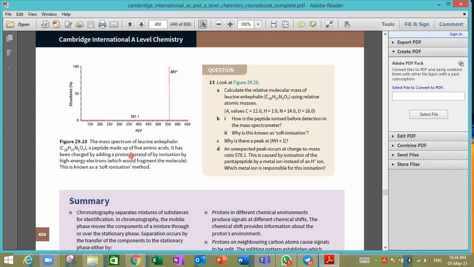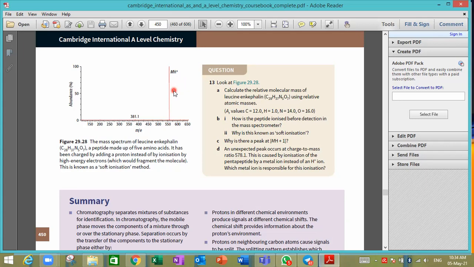We don't study it. He said that the mass spectrum of leucine, a peptide made up of 5 amino acids, has been charged by adding a proton instead of ionization by high energy electrons. They put a hydrogen positive ion on the molecule to get it in the form of a positive ion, instead of subjecting it to a high stream of highly energetic electrons, where an electron is ejected and the molecule forms a positive ion.